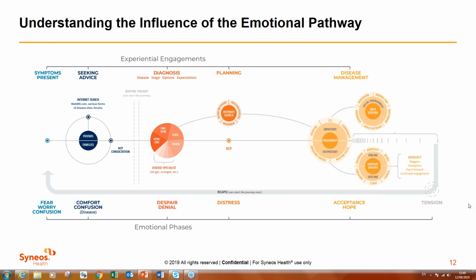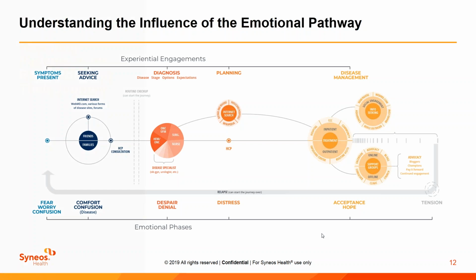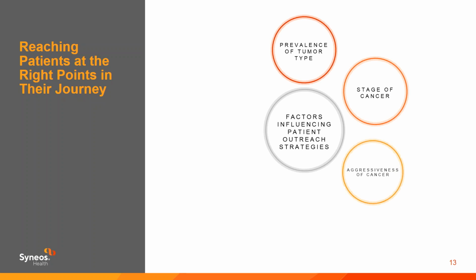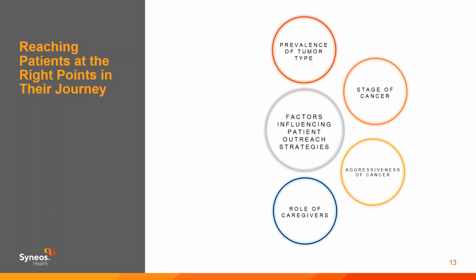When we're looking at tumour types such as breast or prostate, or even multiple myeloma, it is important to think about how we best engage patients. And often it's those groups of patients with some of those tumour types that are easier to engage.